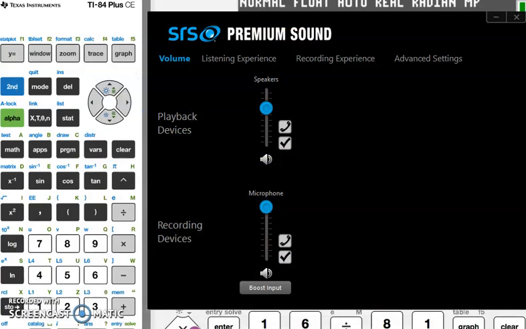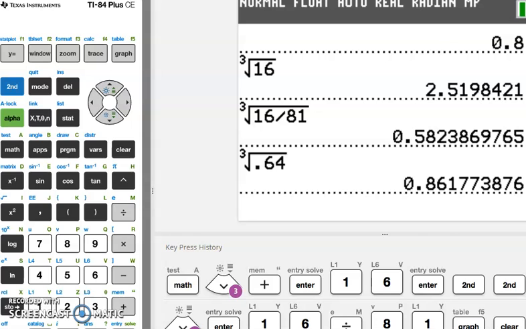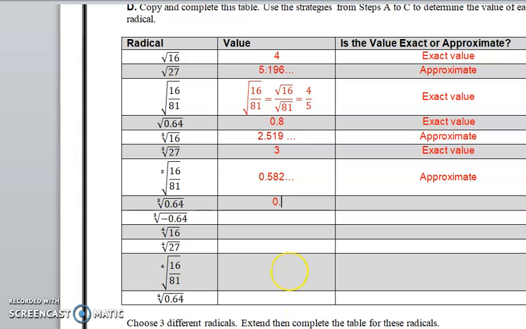And that's also an approximate. And if you do the negative of that, you'll also get the same thing, only negative. Negative 0.861. And that's also an approximate.